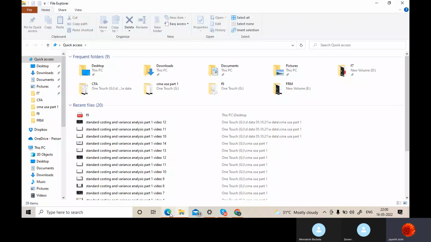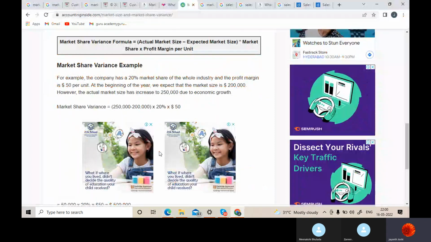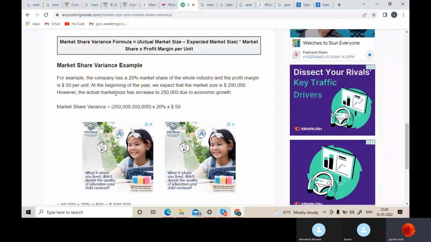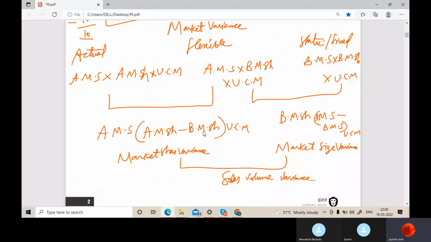As per our chart, market size, correct? Which variance are we doing right now? Market share. Just a second. They would have mentioned the market size here. If it is share variance, then market size would be given to you.